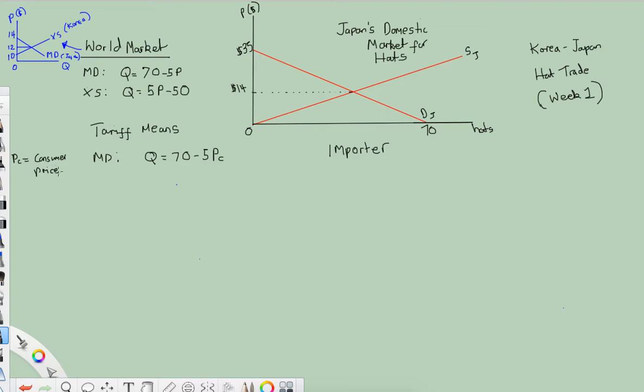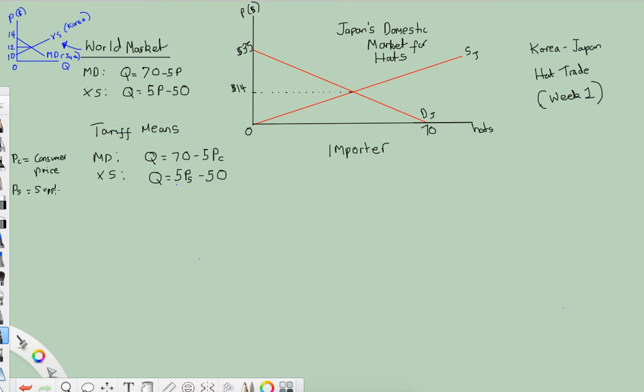And for the export supply curve, we can rewrite that as Q equals 5 PS minus 50. So that's the supplier's price, because tariffs drive a wedge between supply price and demand price.